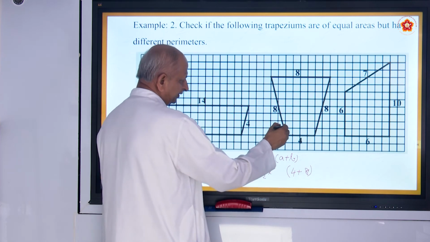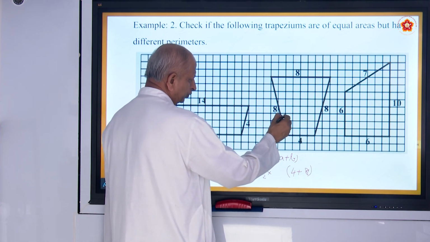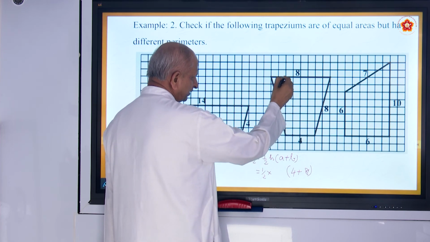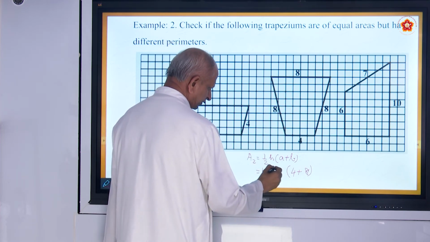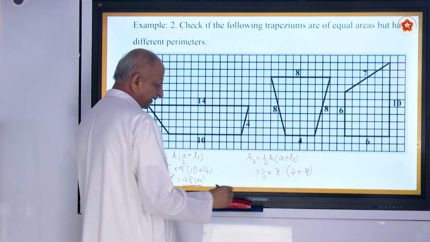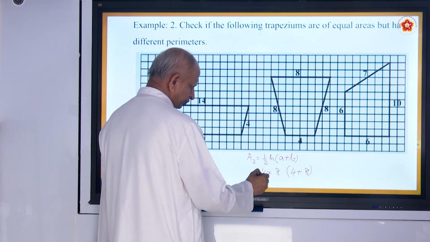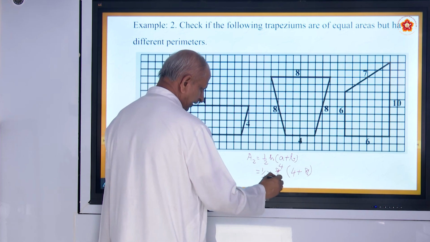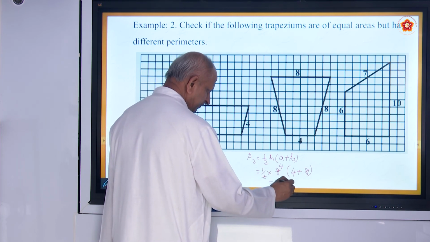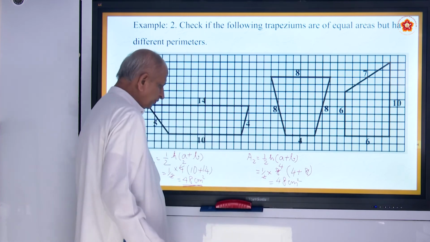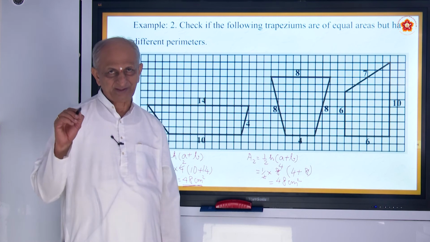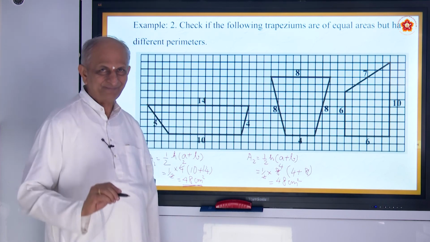And distance is 1, 2, 3, 4, 5, 6, 7, 8. So, that is 8. Half of H into, so 2 ones are 2, 2 fours are 4 into 12. That's also 48. So even though trapeziums are different, means perimeters are different, area is same.